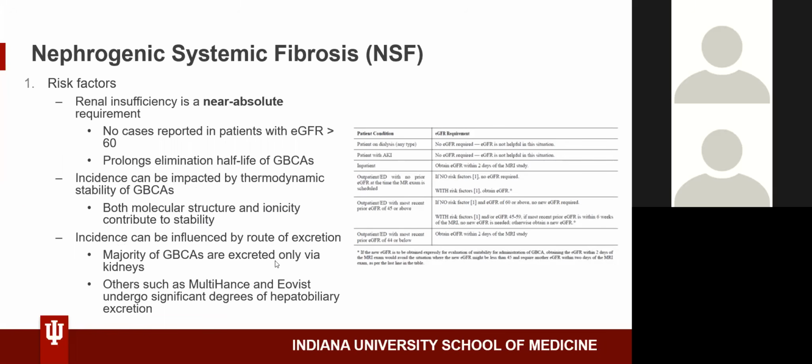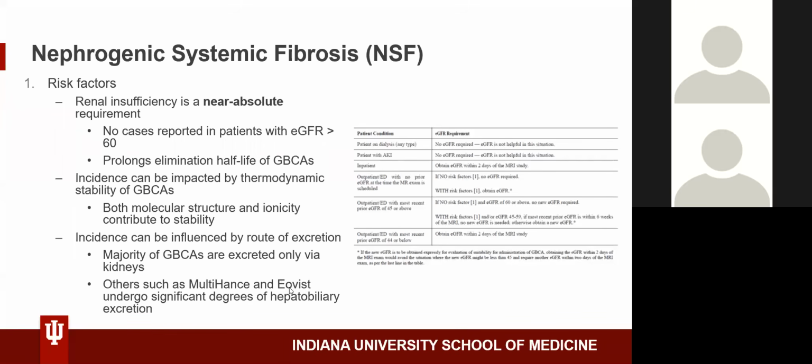We haven't talked too much about some of the other GBCAs, but the majority of them are excreted only via the kidneys, so it puts a lot of burden on the kidneys. But others, such as Eovist, undergo significant degrees of hepatobiliary excretion.